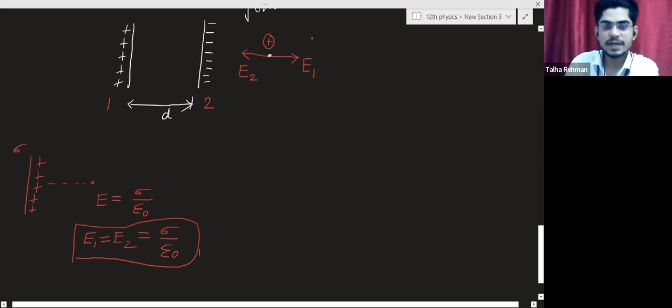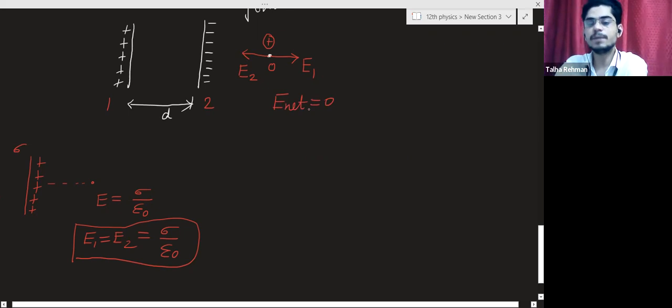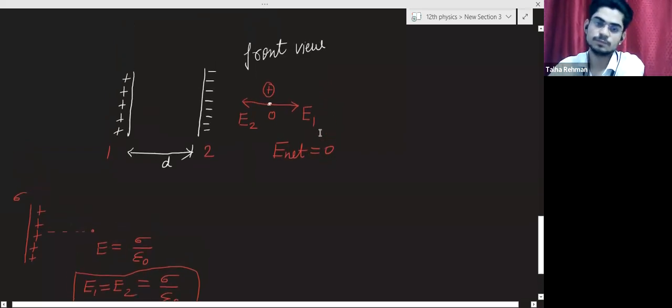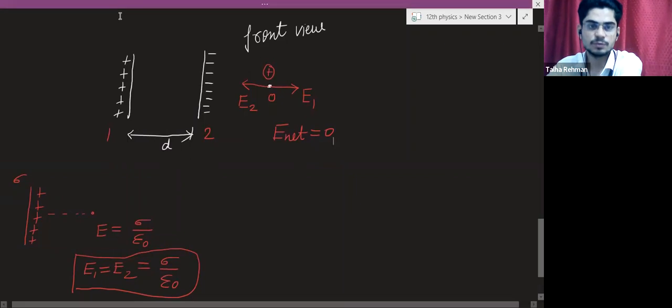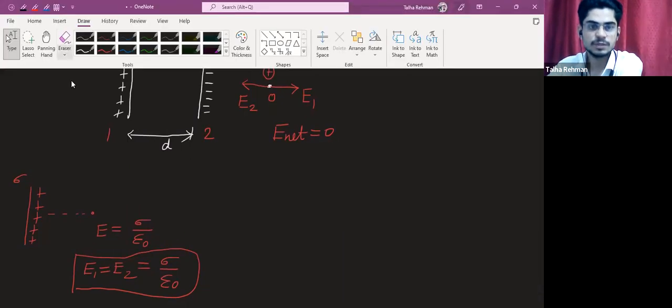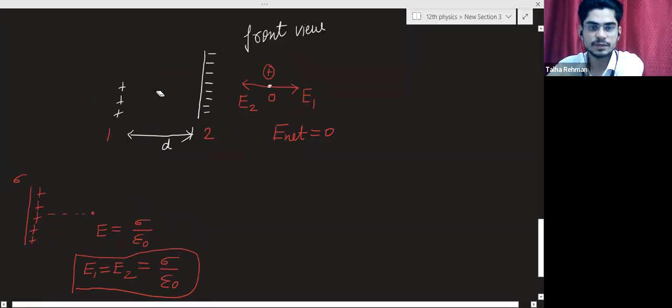Here two vectors are in opposite direction and they are equal also, so the net electric field at this point O will be 0. So we can say outside the plates of the capacitor, the electric field is 0. This is just for your understanding.